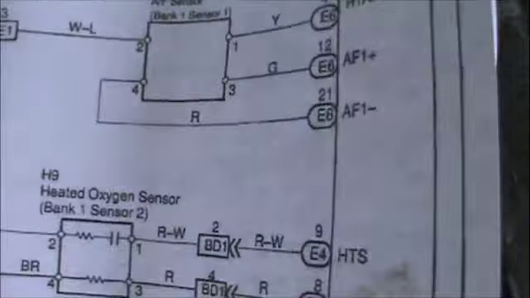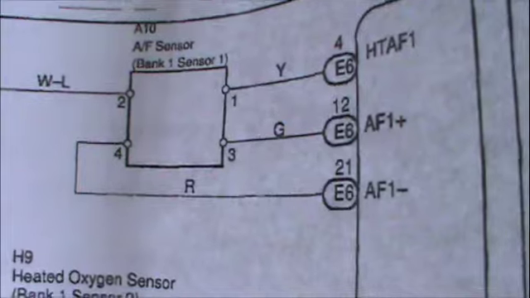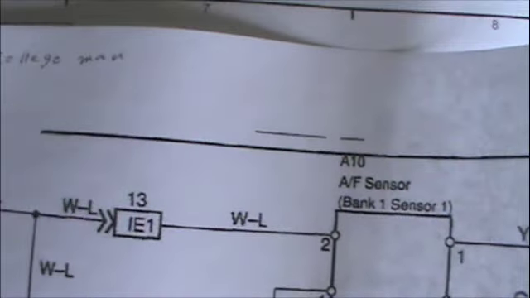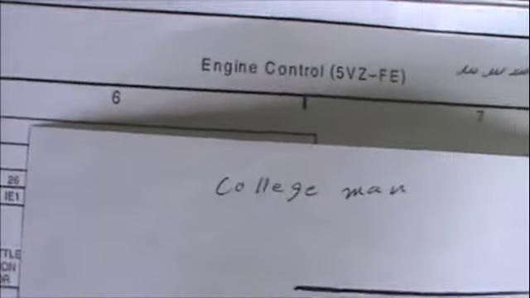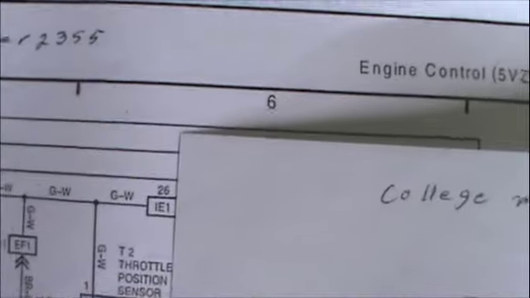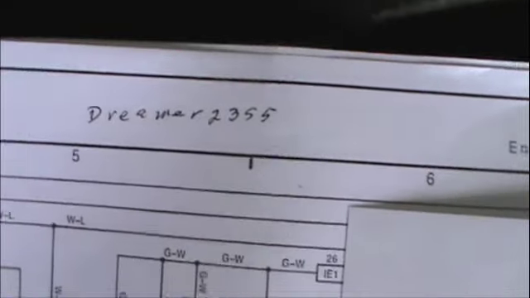Okay, I have here a wiring diagram thanks to the college man on Eric the Car Guy. I also have one from a guy called Dreamer 2355 from Eric the Car Guy, but this one is easier to read.